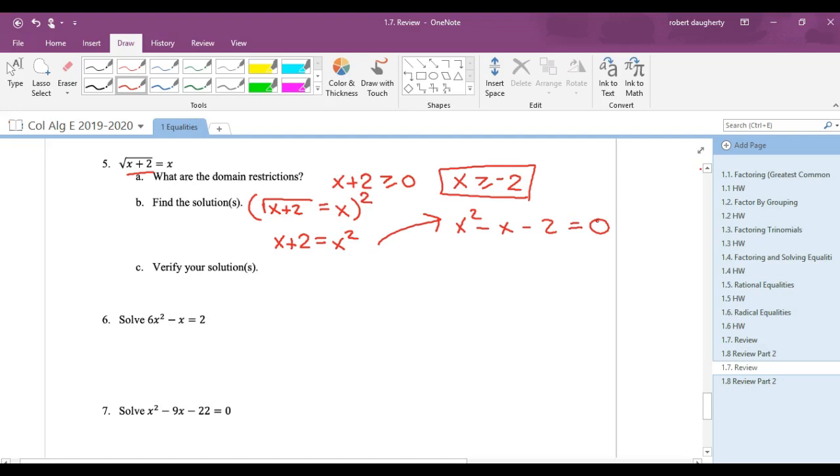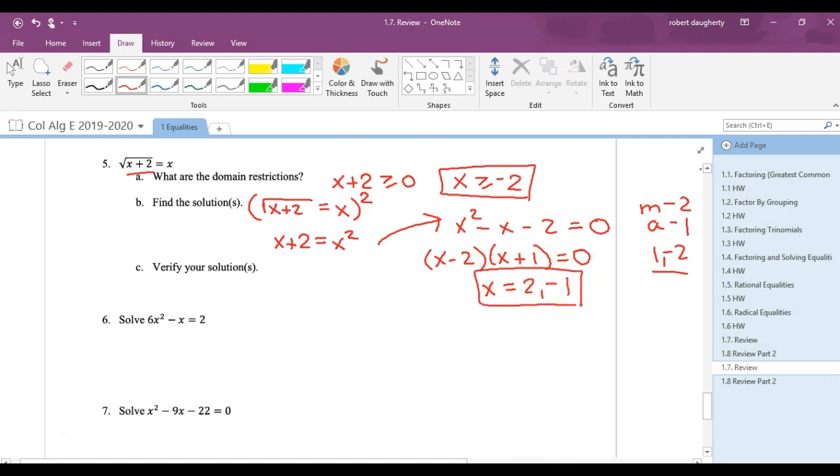I need numbers that multiply to negative 2 and add to negative 1. That looks like a 1 and a negative 2. So this means x minus 2 times x plus 1 equals 0. So x is equal to 2 or negative 1.